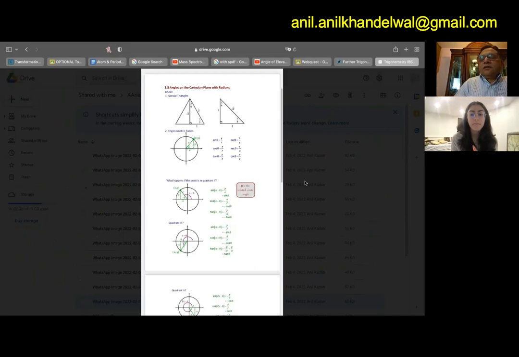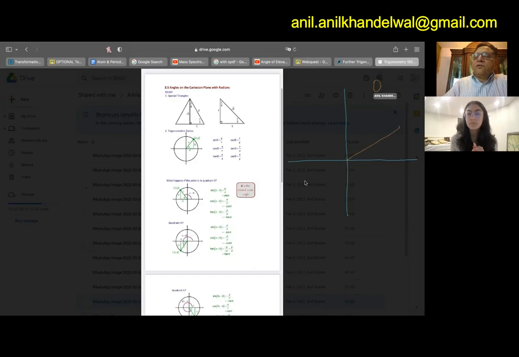As I draw with different angles, I'm drawing a straight line, which means 180 degrees, correct? Just for reference, I've drawn a vertical line, which means 90 degrees or pi by 2. Now we are drawing one angle in quadrant 1.